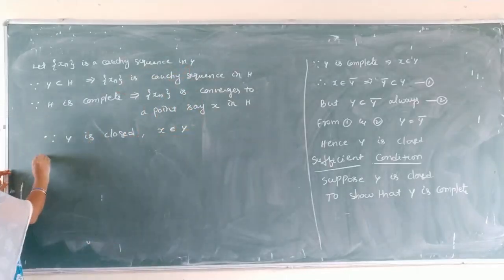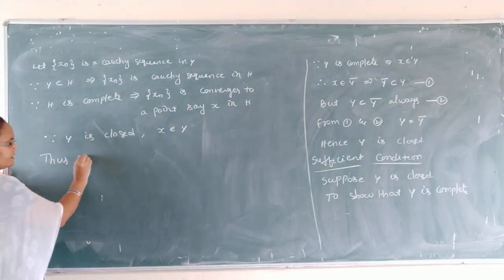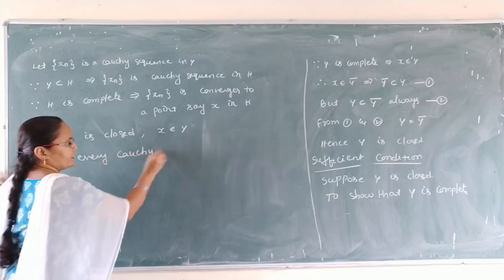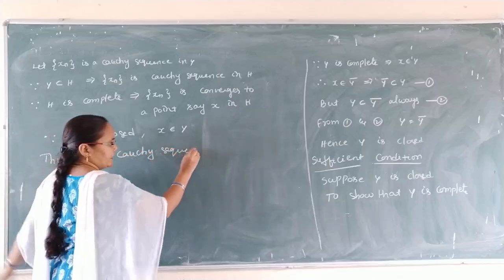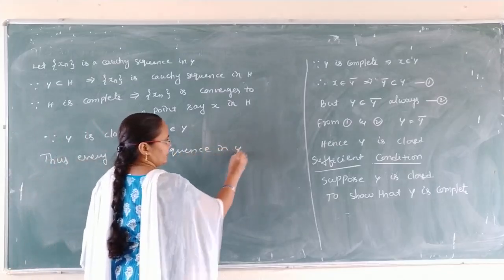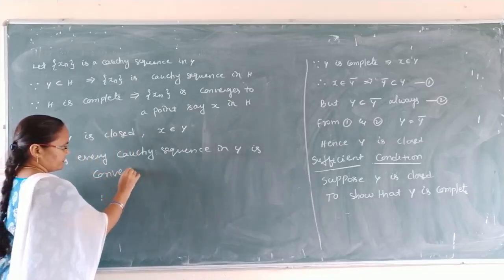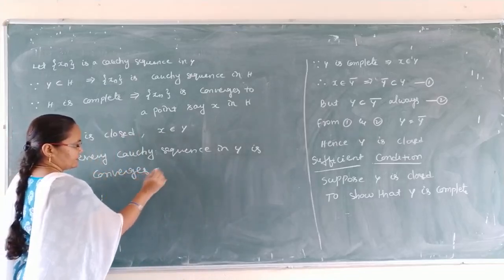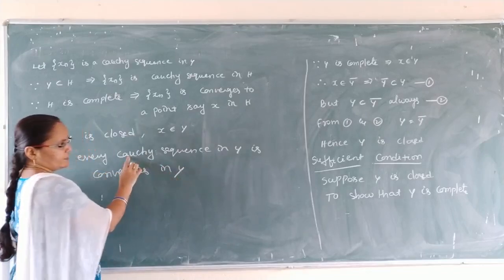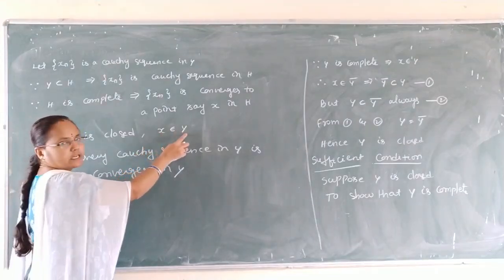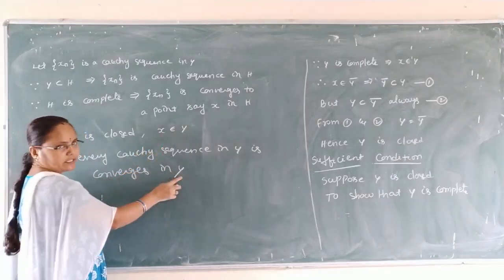So finally, thus every Cauchy sequence in y converges in y. A Cauchy sequence in y converges to a particular point, and that point is also in y, so it converges in y.